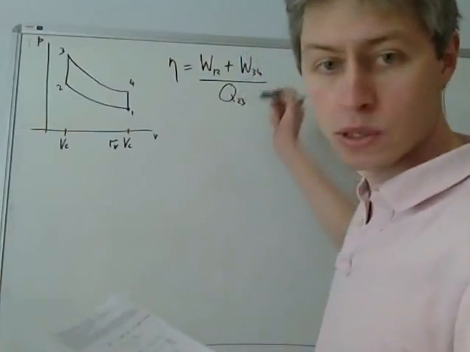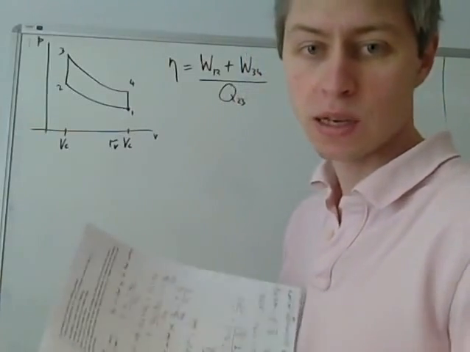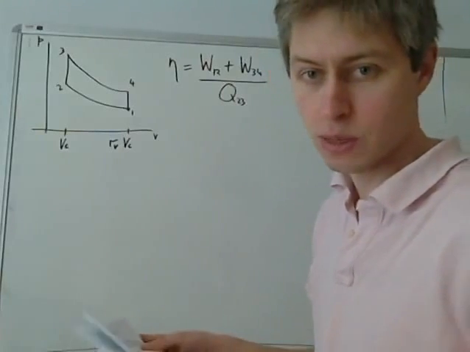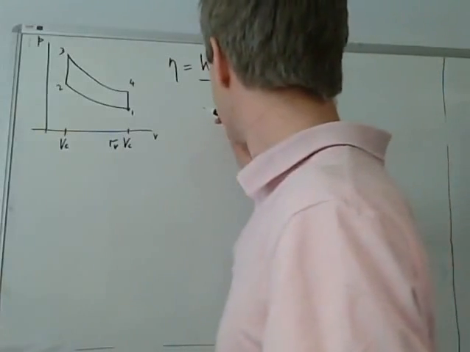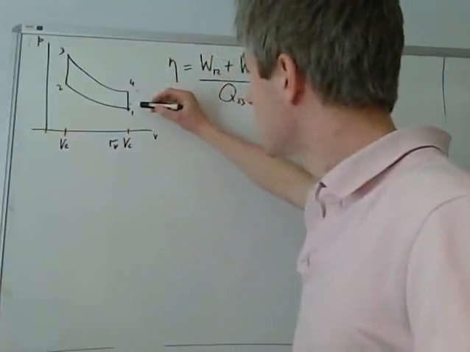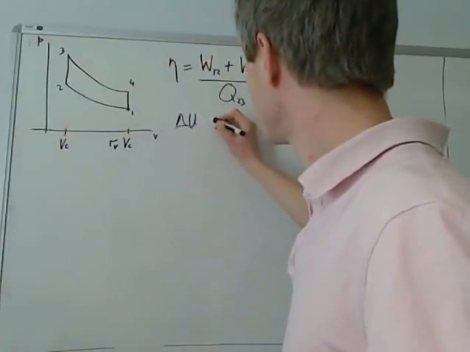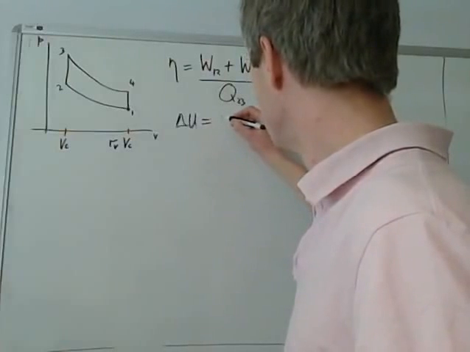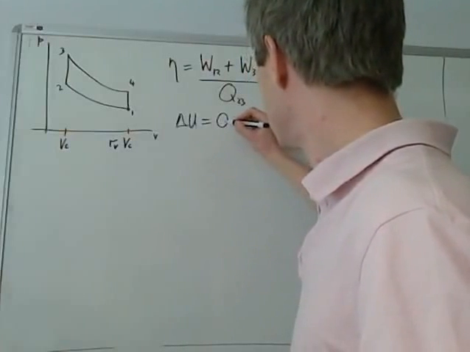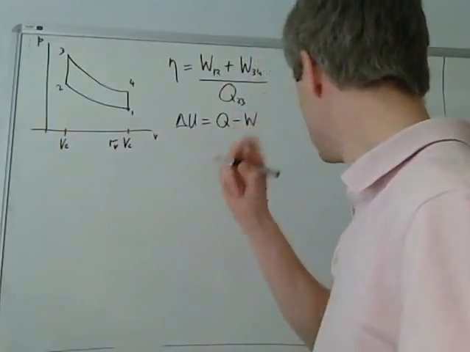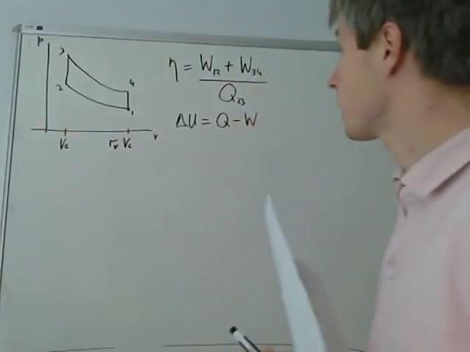At the moment we don't know either of these quantities. If we want to know something about heat or work, then the first law is a good place to start. The first law says that delta U is equal to heat into the cycle minus the work done by the cycle, or by any process.